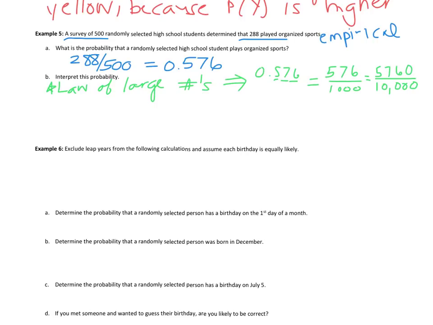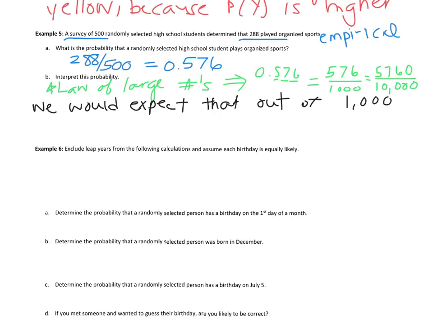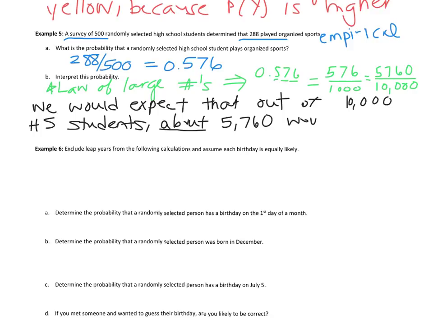And now that we have that, we can write our interpretation. So we could say that we would expect that out of 10,000 high school students, about 5,760, again, about, would play sports.